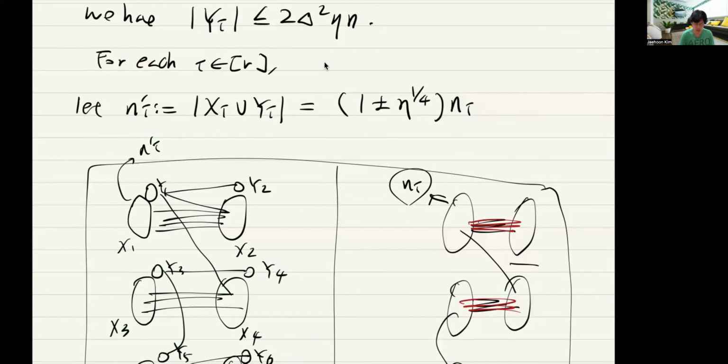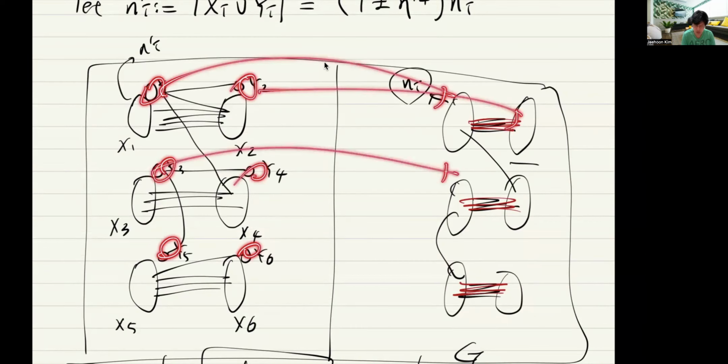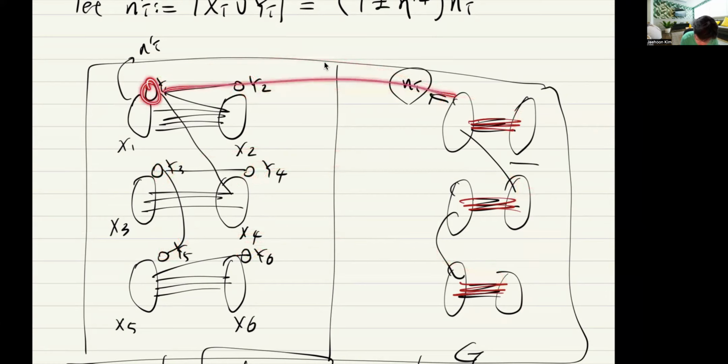And then after that, our plan is to embed this y_i, which is in here first, which is small, so it is relatively easy. And once we do that, some of these vertices are embedded and their neighbors. So if, let's say, this vertex is embedded to here, then this vertex has to be embedded into its neighborhood here.